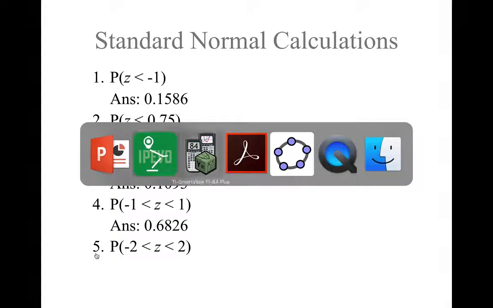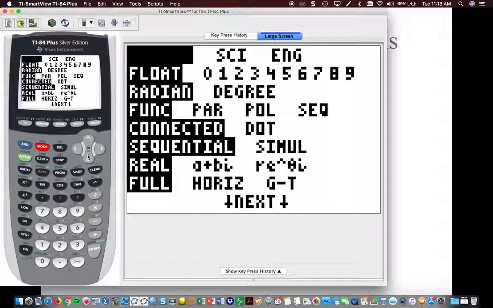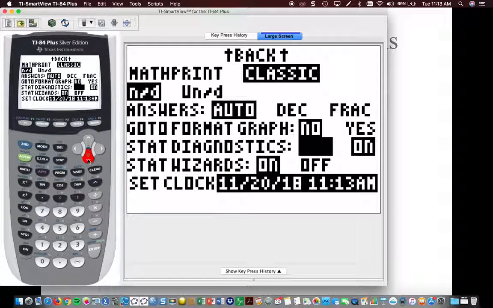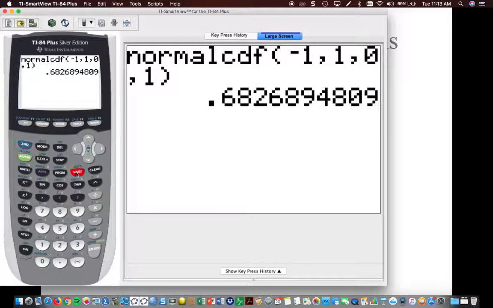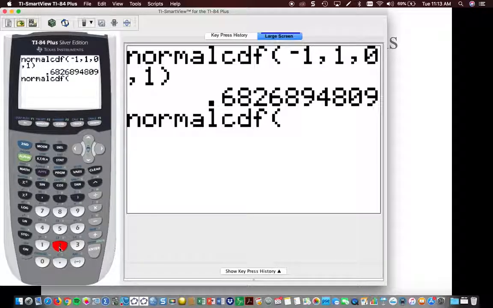Now, for those of you that don't have the Stat Wizard on your calculator, let me show you. If I turn this off, and you're doing the same sort of thing, I do second vars and pick number 2, and on the home screen it just gives me this.